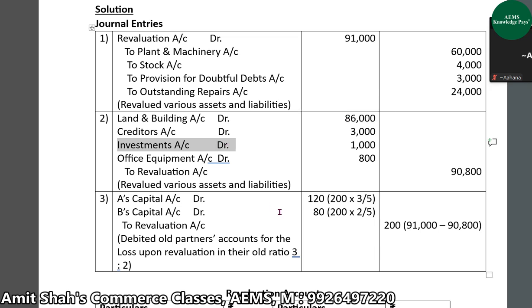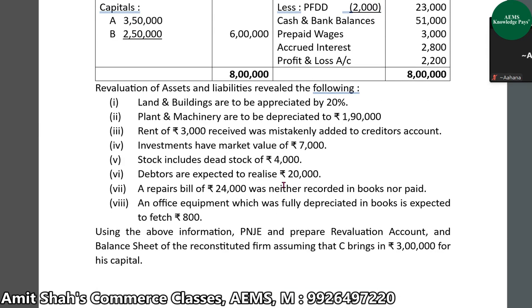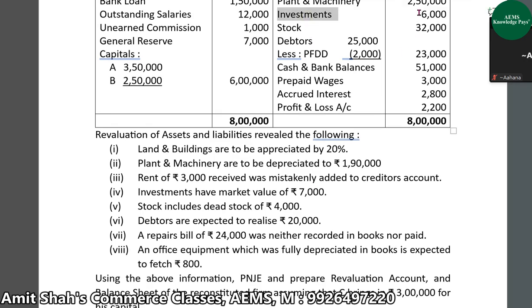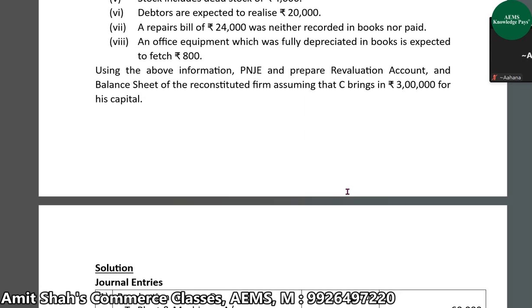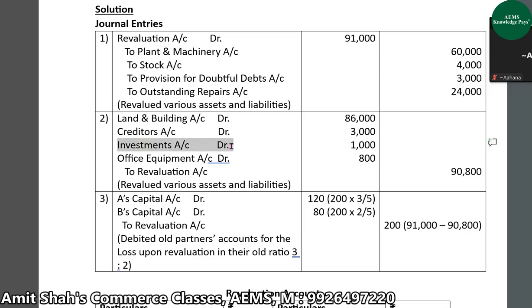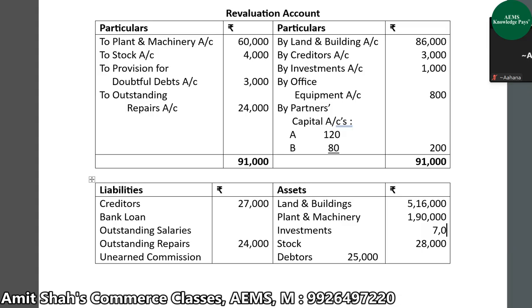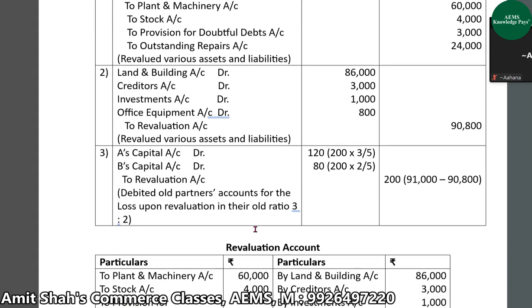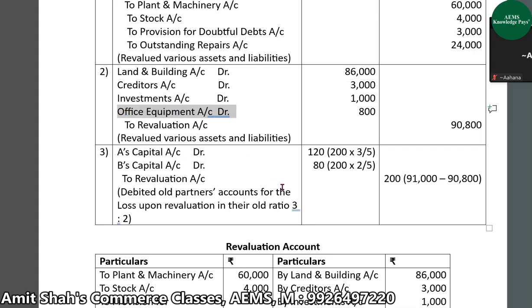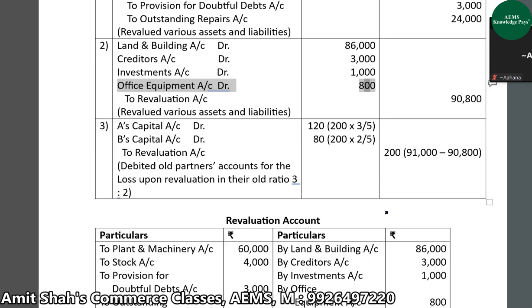Okay. Investments, being an asset, is being debited here. It means its value is increasing by 1,000. Earlier it had a debit balance of 6,000, but now we have to present it with rupees 6 plus 1, that is 7,000. So investments here reflect with 7,000. Office equipment, which was not there earlier in our balance sheet at all, now since it has a debit balance in our books of rupees 800, that also needs to be presented in our balance sheet.